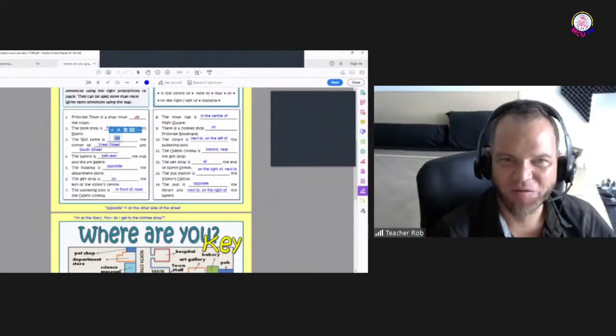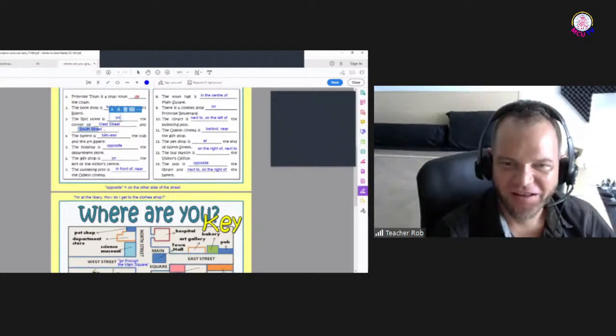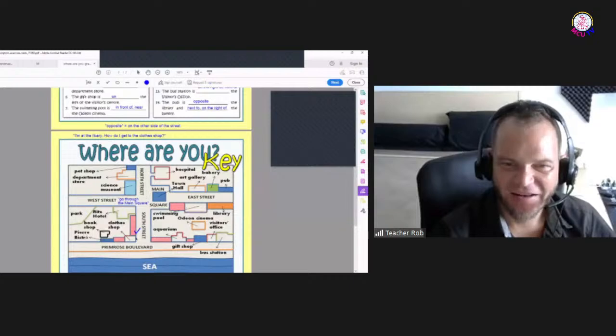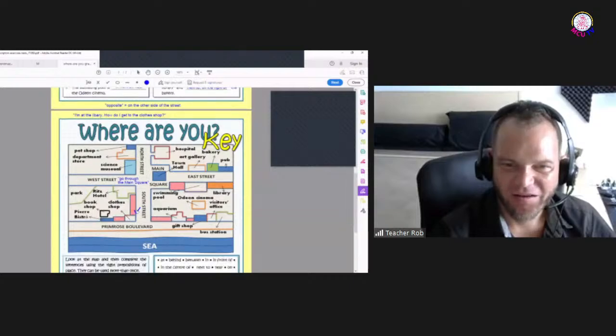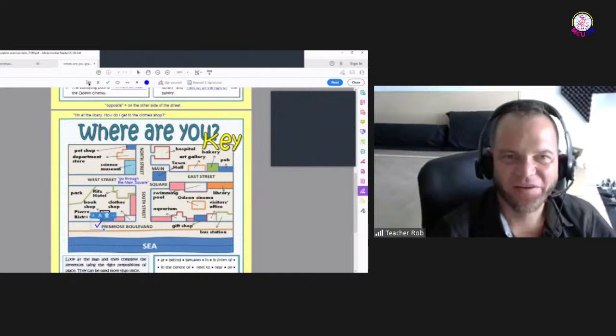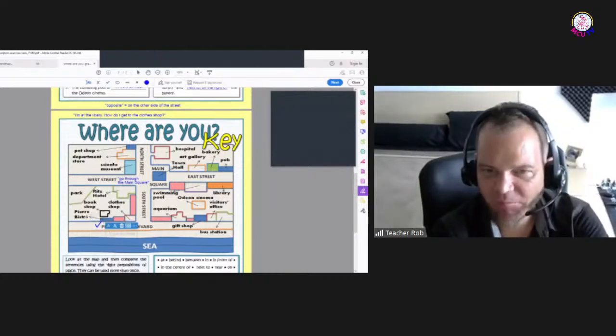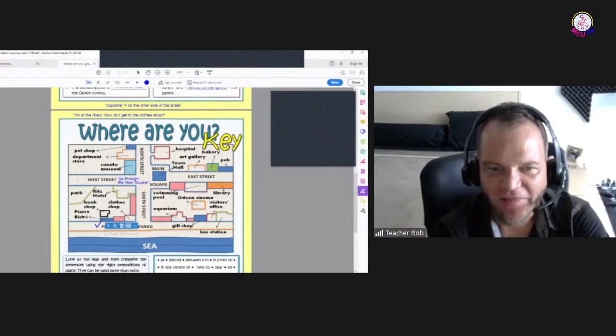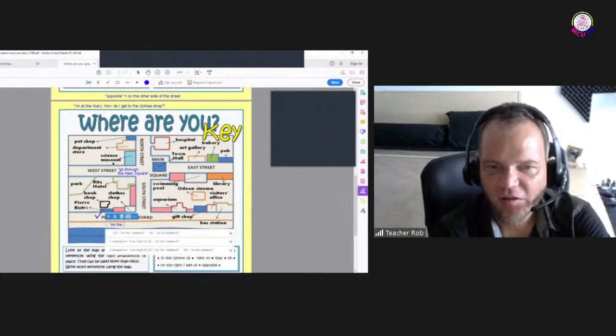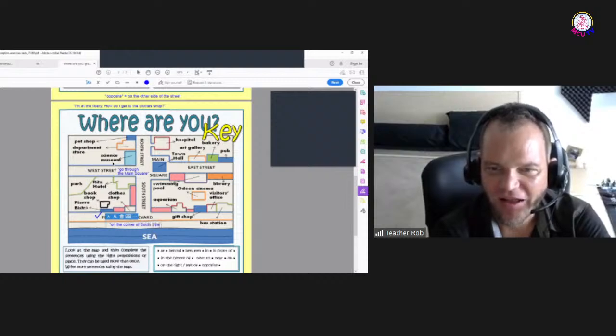So it's on the corner of what? South Street and Primrose Boulevard. Exactly. So that's how you would say that last part. You would say the clothes shop is on your right, and then you could say on the corner of South Street and Primrose Boulevard.